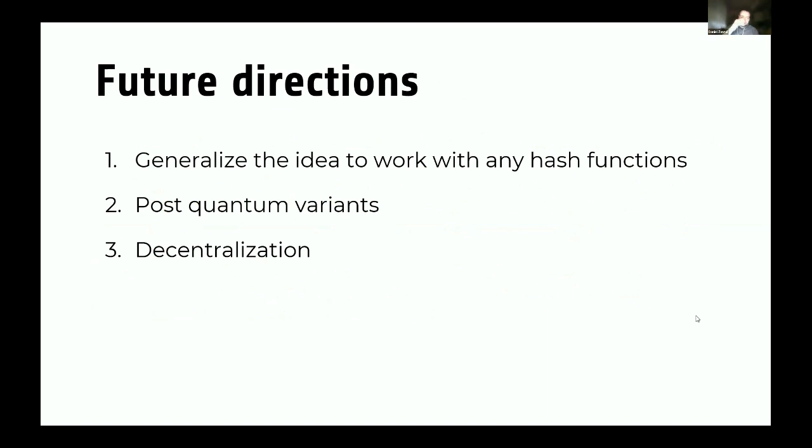Also, the discrete logarithm based version is not post-quantum, because the discrete logarithm problem is crackable with a quantum computer. So that's another direction we want to move, and also the decentralization of these protocols would be a pretty reasonable next step to eliminate a trusted server.